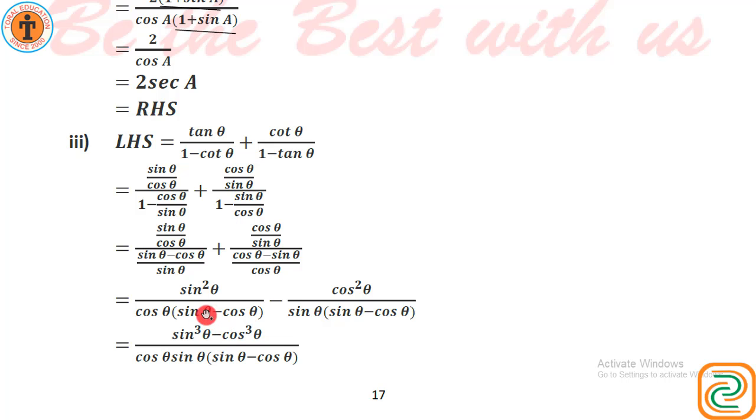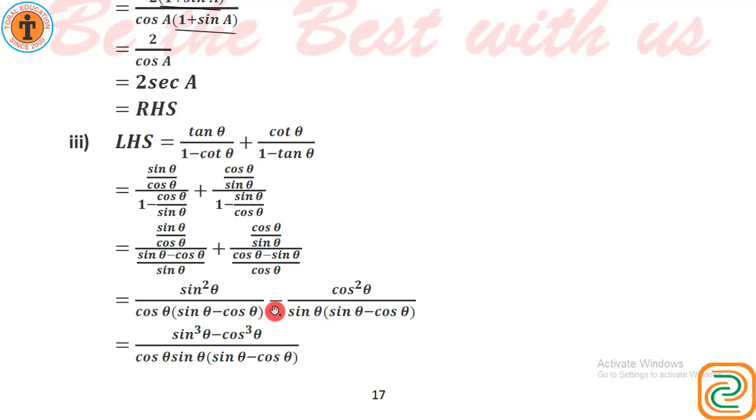Okay, understood? Now look at here, what is here? Cos theta minus sin theta, but here sin theta minus cos theta. We need the same denominator, but it is different. So what to do? Change the sign. This sign is changed, it is negative minus, and this sign will be changed. Sin theta will become plus and cos theta will become minus.